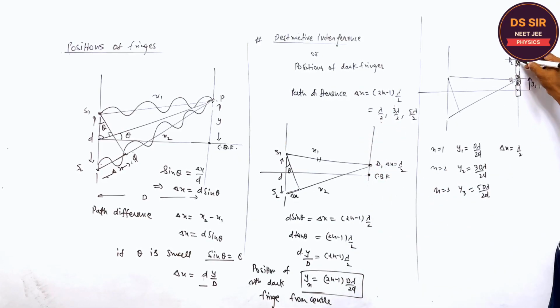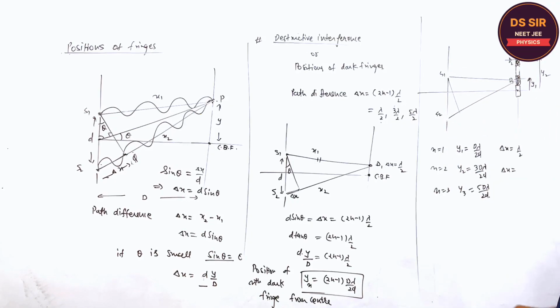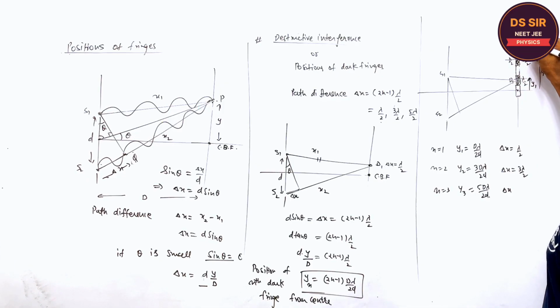At this point, one wave and another wave from S1 and S2, what is the path difference? 3 lambda by 2. And for this case here, the path difference is lambda by 2. Here it is 3 lambda by 2. What is the path difference at D3? Say 5 lambda by 2.